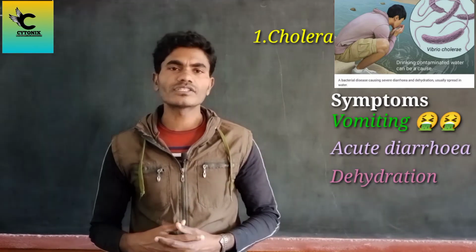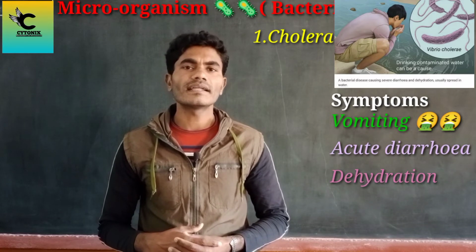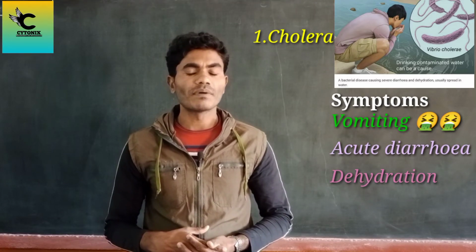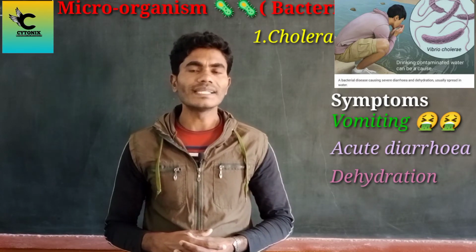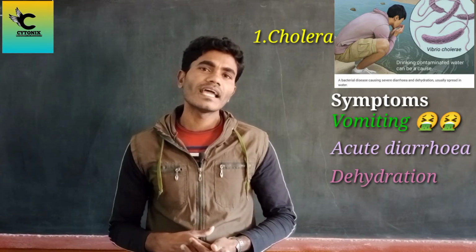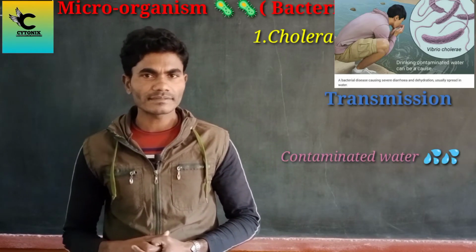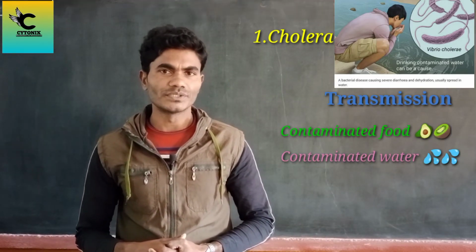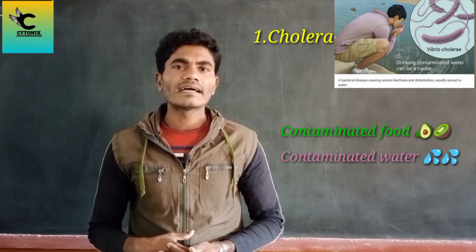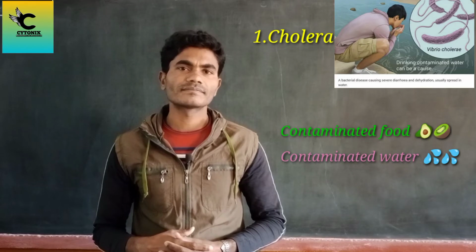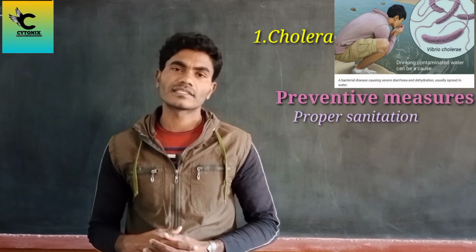You can see on your screen the person is infected by cholera. He is vomiting frequently, dehydrated, and the stool is thin. The mode of transmission is contaminated water and contaminated food. General prevention of diarrhea and cholera is that we have to cover our food and maintain proper sanitation.